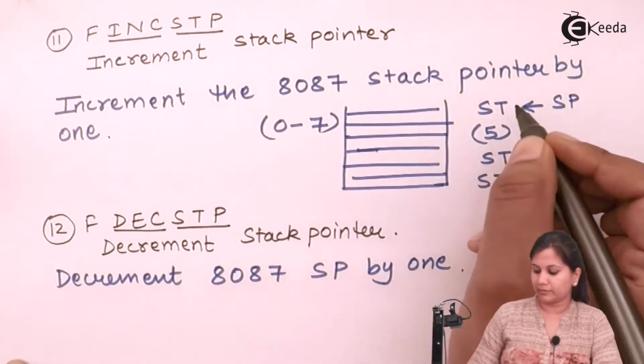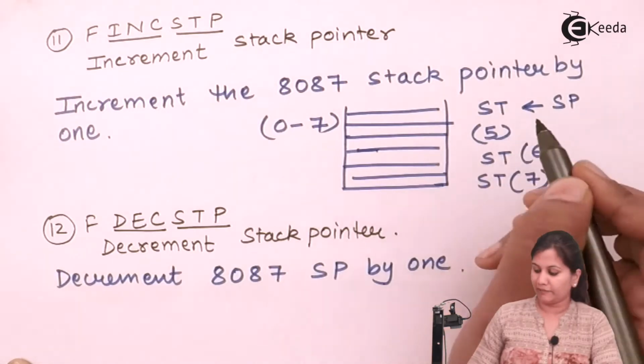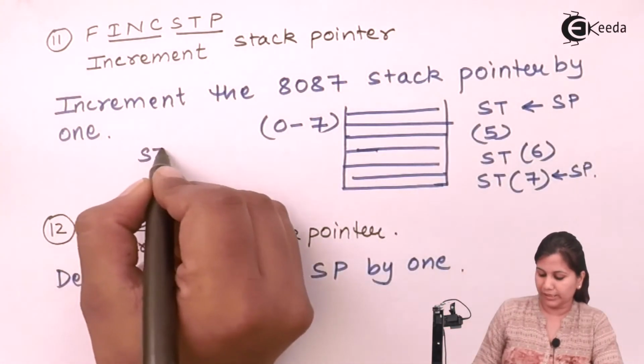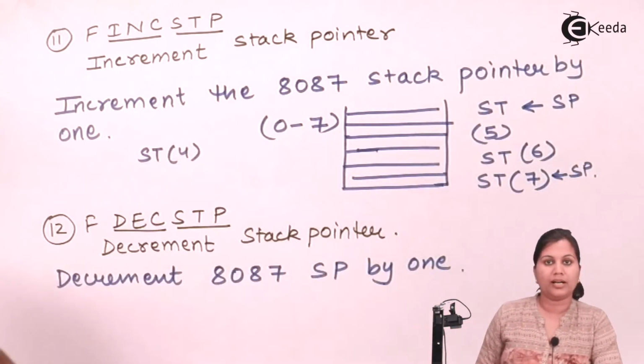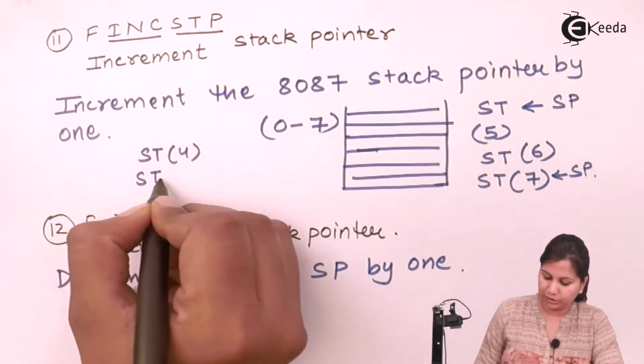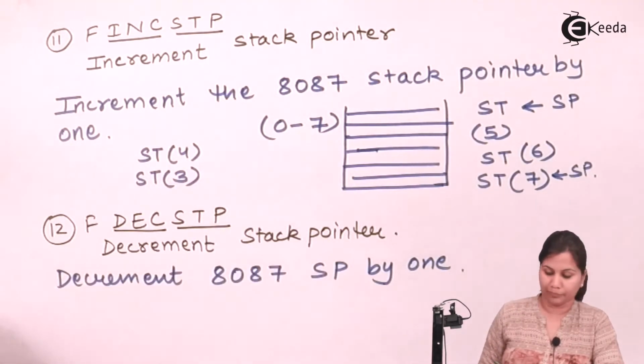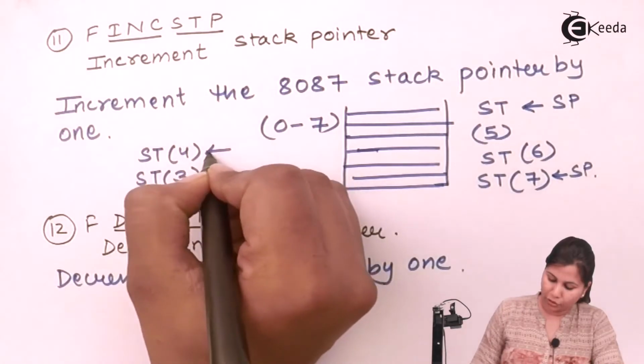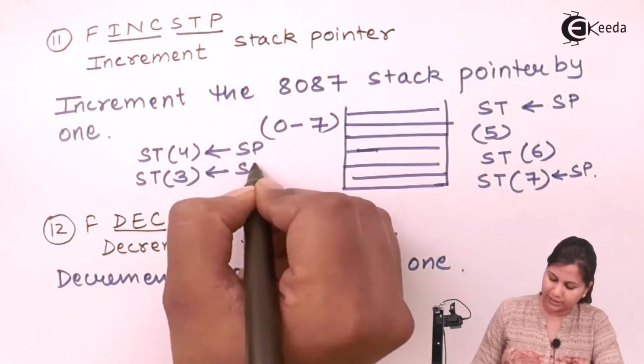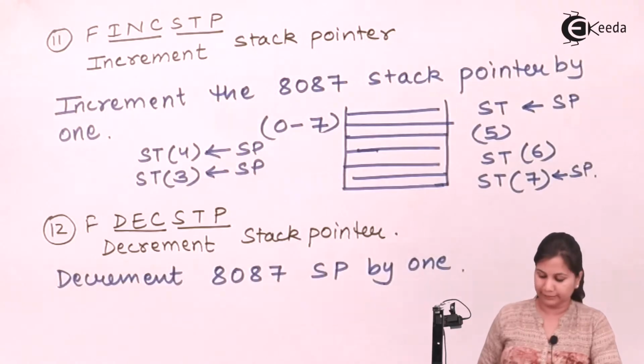Suppose that it is at 5. When it is decremented, now the ST will be at 4. Again, if it is decremented, now the ST will be at 3. So that is the top of the stack, or we can say the stack pointer.